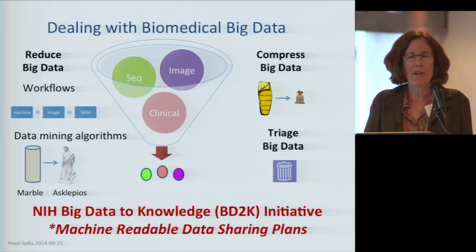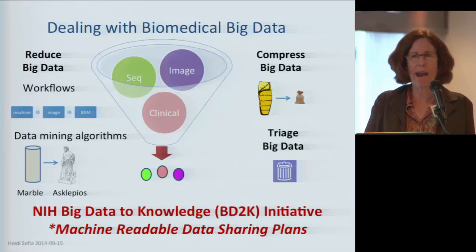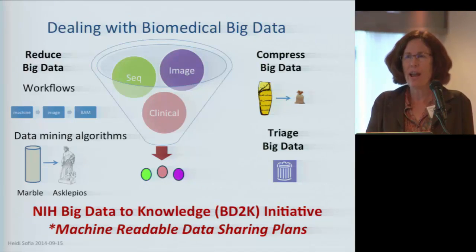To have a viable system for managing data sharing from the perspective of incoming grants and proposals, you need that to be machine readable and machine computable so that you know what you have and can better track and manage how successful NIH is with these data sharing plans.